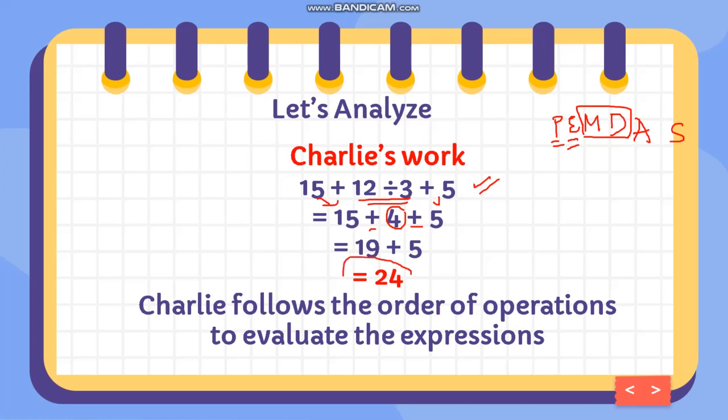That's why the answer is equivalent to 24. In addition and subtraction, the same rule. If the subtraction comes first before the addition from left to right, you need to subtract first. But if the addition comes first before the subtraction from left to right, you need to add first.